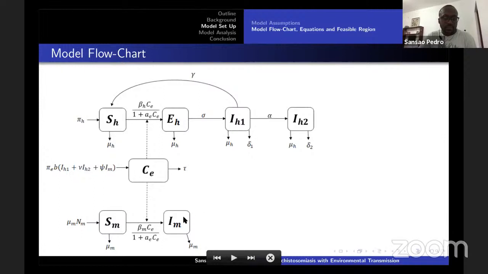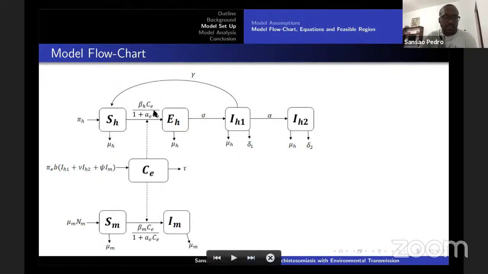And for this non-mammalian host, we are considering only 2 epidemiological stages, which are just the susceptible and infective. We did not include the exposed stage, in order to reduce the dimension of the system.